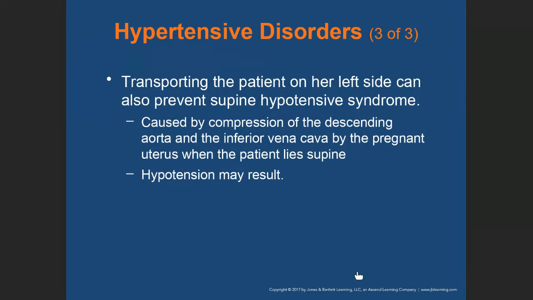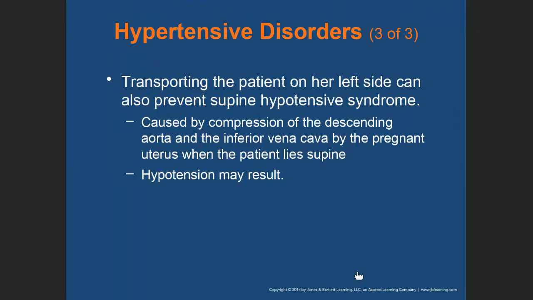Transporting the patient on her left side can also prevent what we call supine hypotensive syndrome. So when they get close to full term, if they are placed in a supine position, it can obstruct the venous return and cause a drop in their blood pressure.